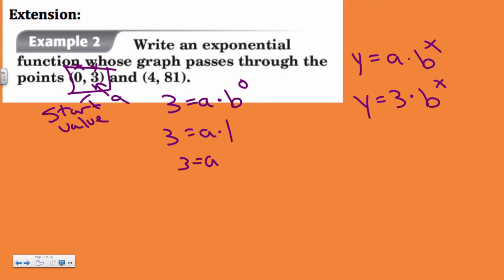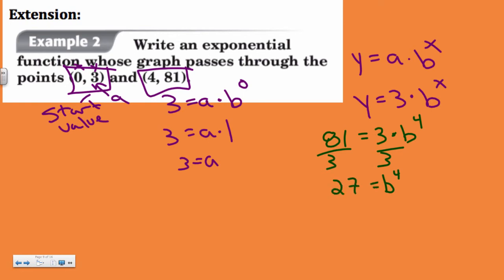Now what I have to do is use this point right here and follow the same process. So I would plug in 81 as my y equals 3 times b to the fourth. Now I divide by 3. So b to the fourth equals 27.